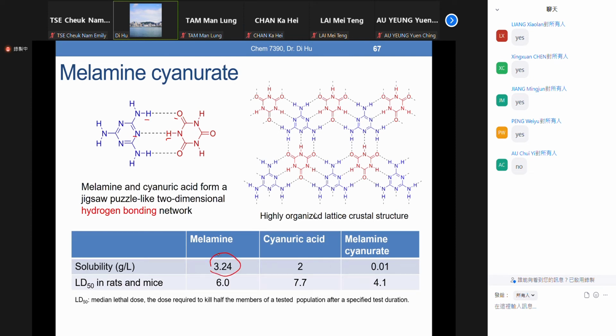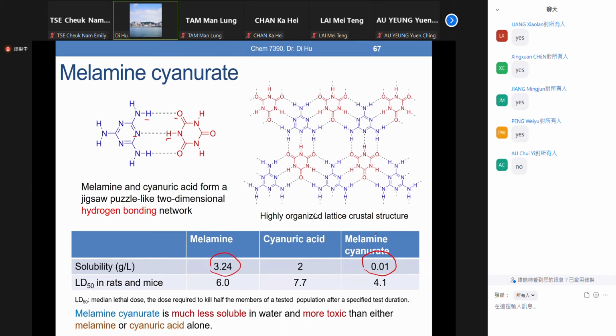But once it forms this crystal structure with cyanuric acid, this melamine cyanurate, it has a much smaller solubility. You can see the solubility dropped to 0.01 gram per liter. And that caused a problem because it's much less soluble in water, and it has higher toxicity than that.